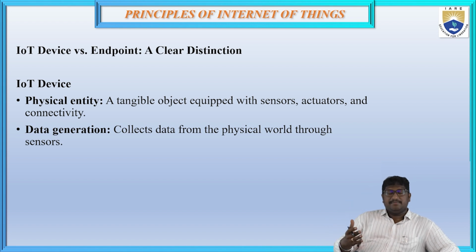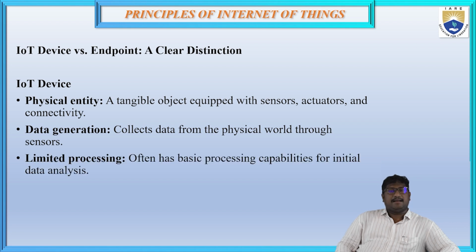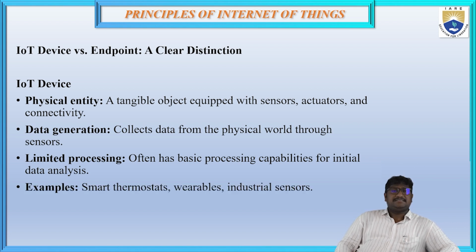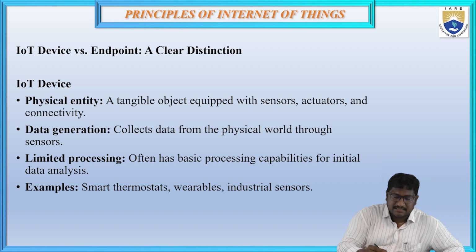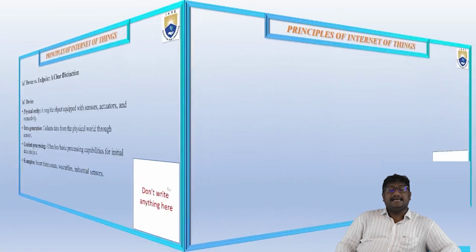Taking an example, the environment in the physical world has a certain temperature and humidity, which is measured through the sensors. As for limited processing, we often have a basic processing capability for initial data analysis. Examples are smart thermostats, wearable devices, and industrial sensors.